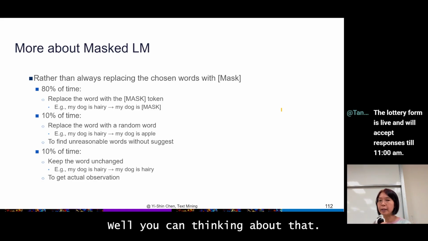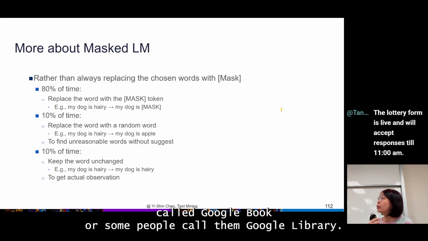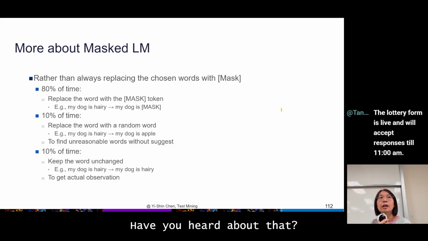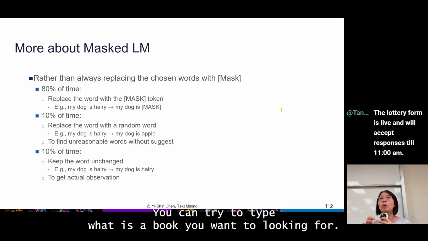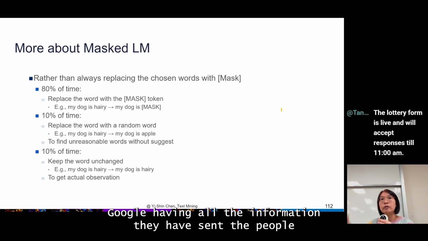Since then, Google started a project called Google Books, or some people call it Google Library. Have you heard about that? You type the book you are looking for, and you will find Google has all the information.